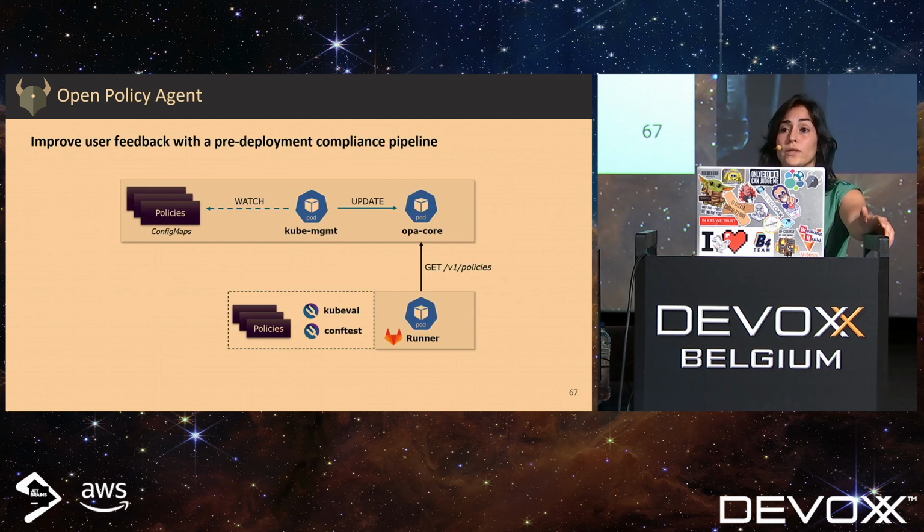Okay, so there are two ways to do that. Either you put all your Rego policies in the same repository as your YAML files, and you check your YAML files against all those policies.